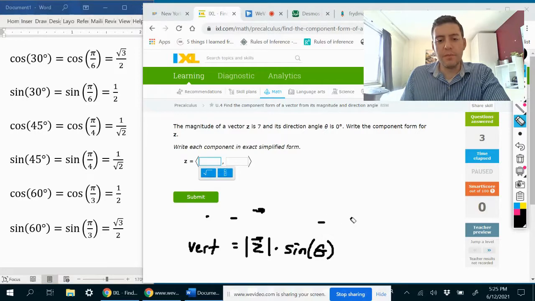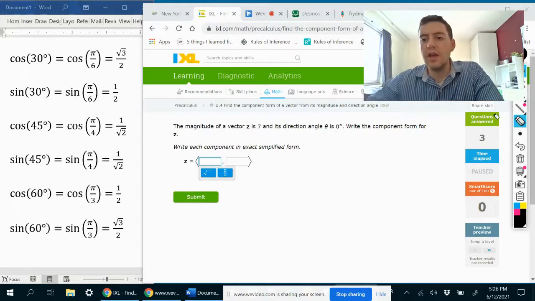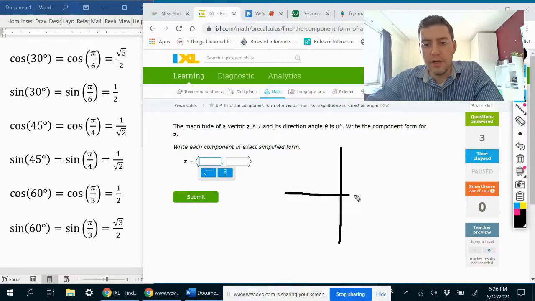I'm not going to do that for a bunch of these problems, actually, because this problem and a bunch of other ones are easy enough to solve graphically, which means we can just draw a quick sketch of what's going on, and we'll be able to figure out what the answer is. So if we just draw a grid over here and sketch what the vector z would look like.